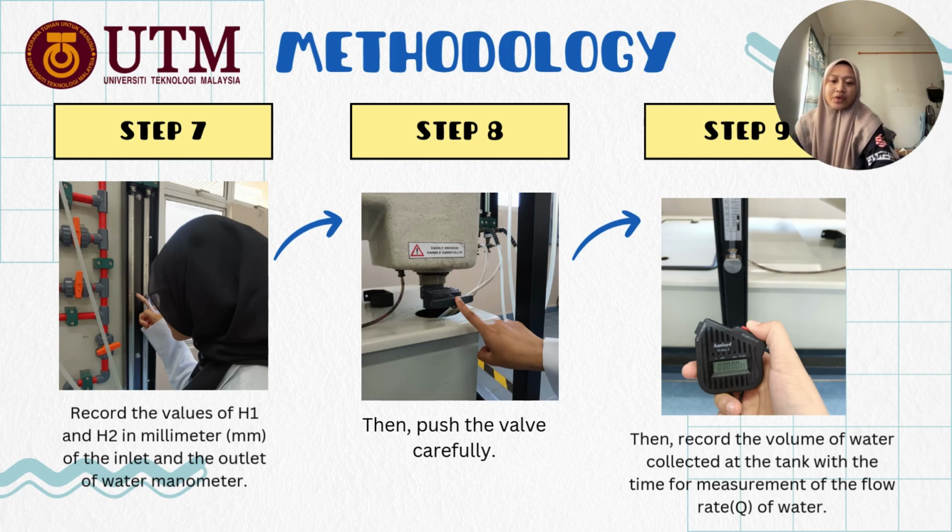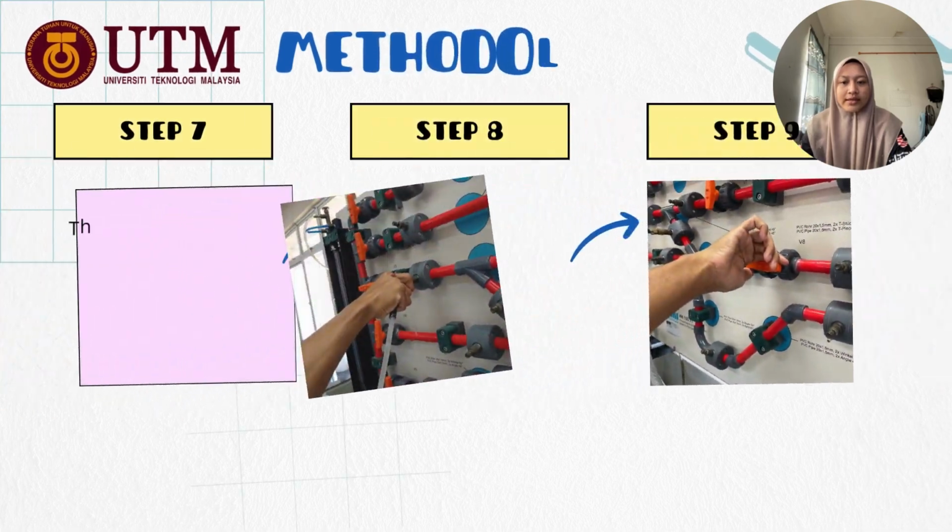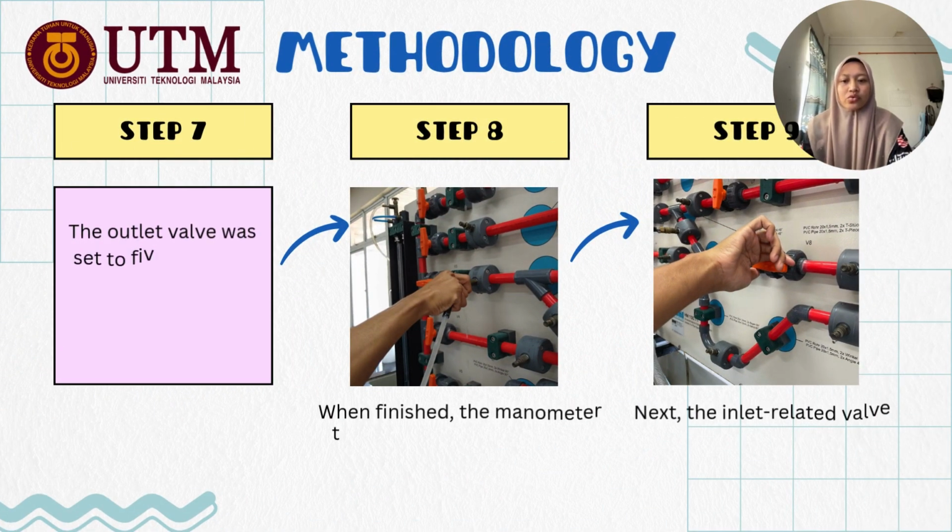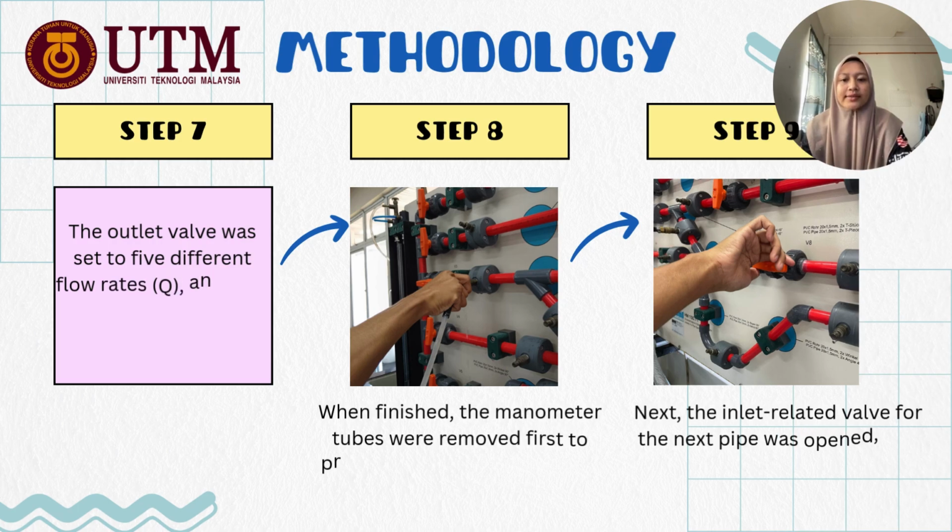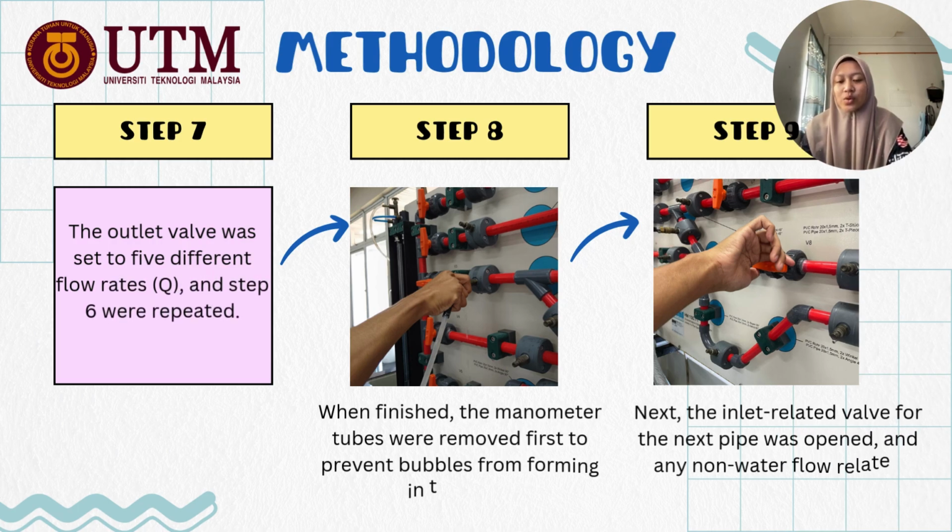After we record the values for H1 and H2, push the valve at the bottom carefully and then record the volume of water collected at the tank with the time for measurement of the flow rate of water. Then the outlet valve was set to 5 different flow rates and step 6 was repeated.